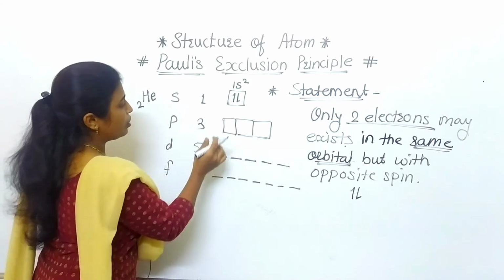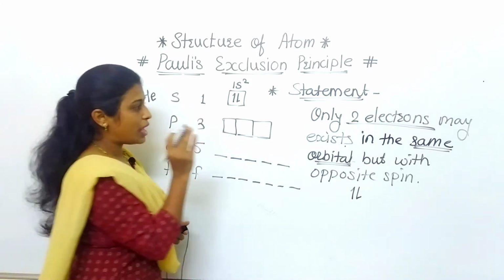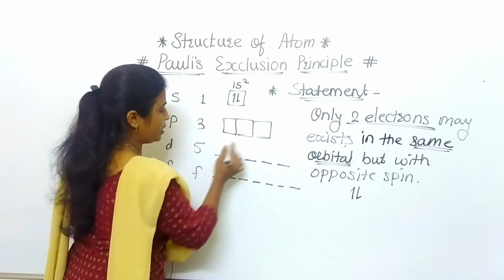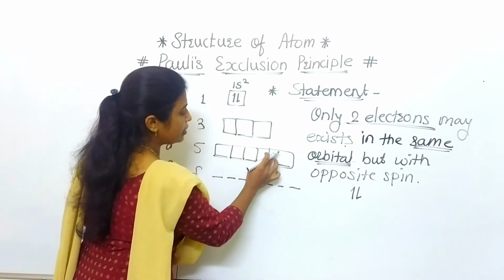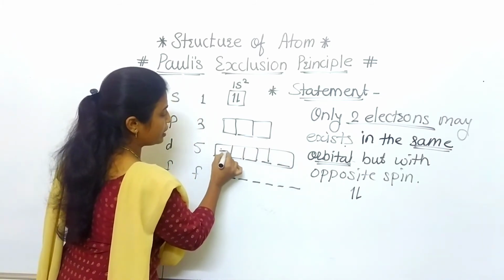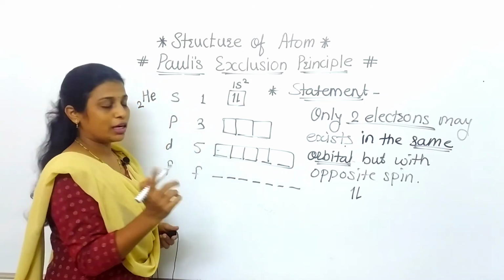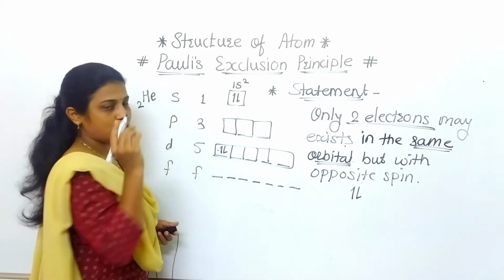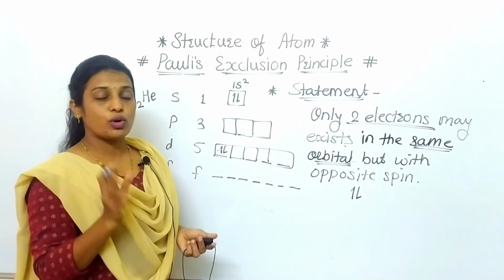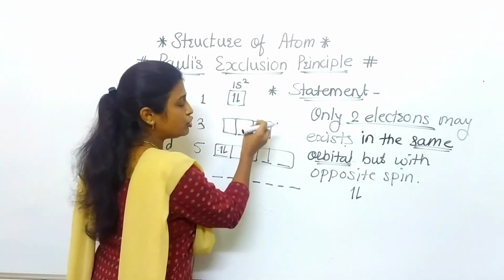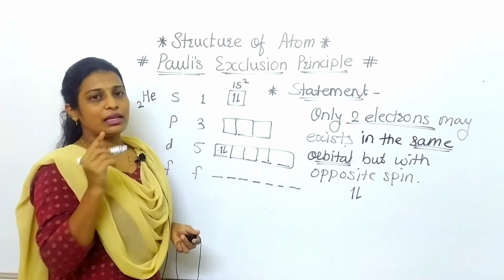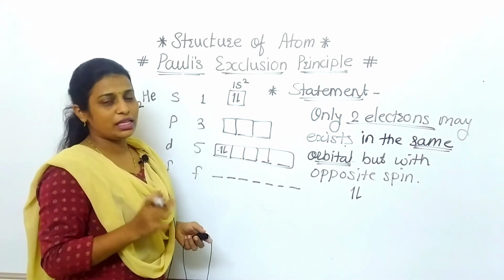In this way, when we are filling the electrons, each orbital will carry only 2 electrons with opposite spin. And according to Hund's rule, as we know, when we are filling the electrons, each orbital should first carry a single electron, and after that pairing is possible.